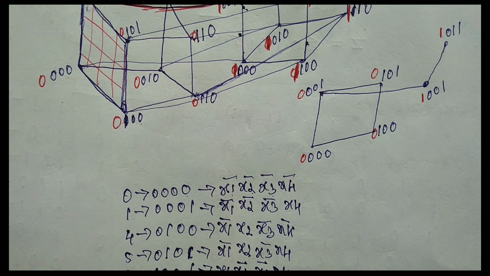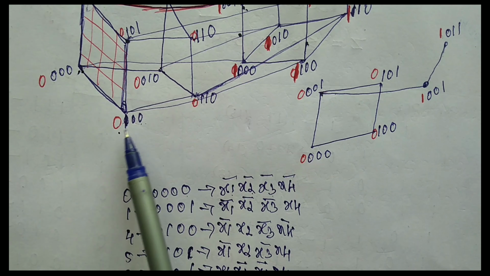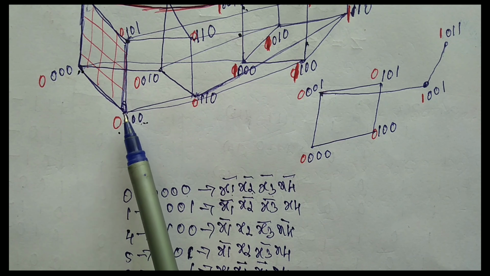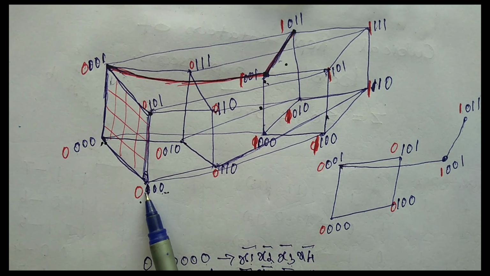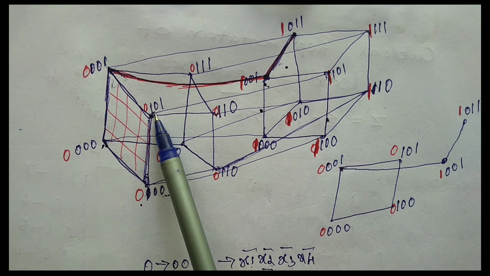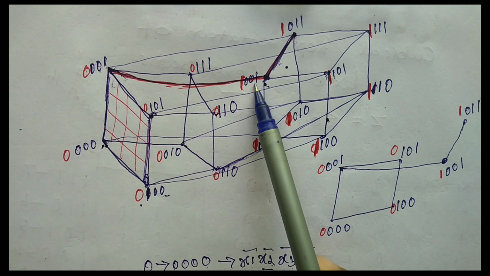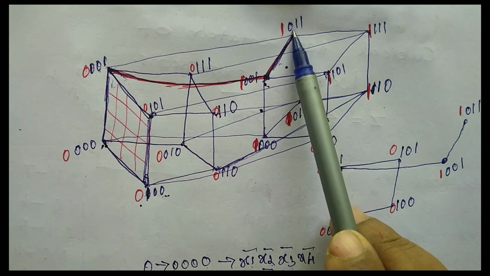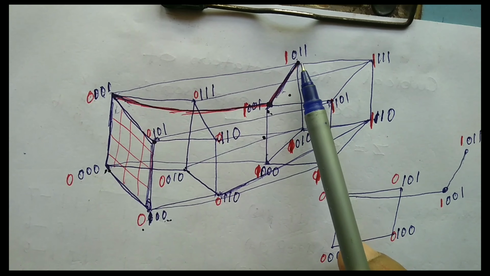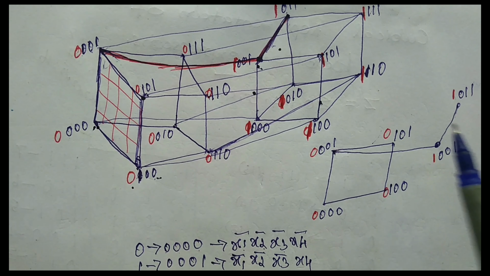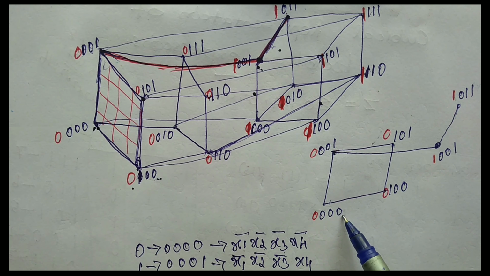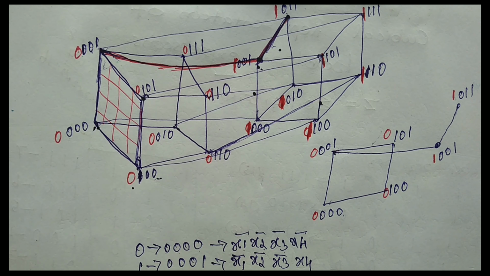Which portion? That is 0, 0, 0, this one. Then 0, 1, 0, 0, that is this coordinate. Then this coordinate 0, 1, 0, 1. Then 0, 0, 0, 1. And this coordinate 1, 0, 0, 1. And 1, 0, double 1. So that is separately noted here. That is 0, 0, 0, 0, 1, etc.